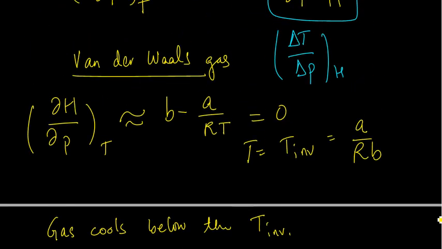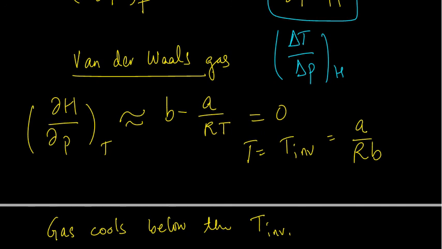So what would happen if T is greater than A by R? Which term is dominant? A or B?